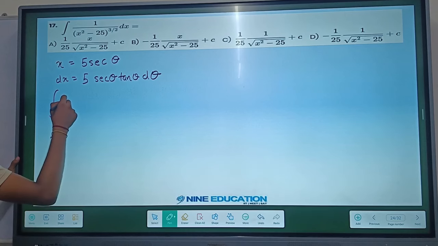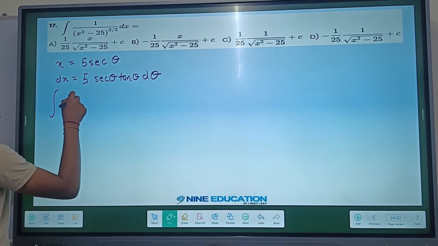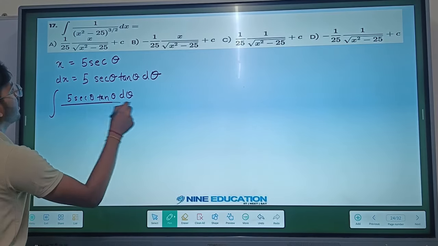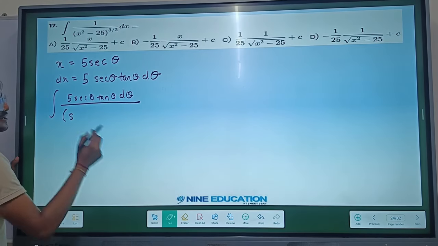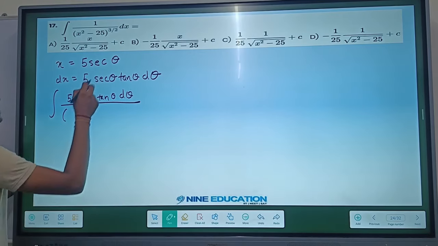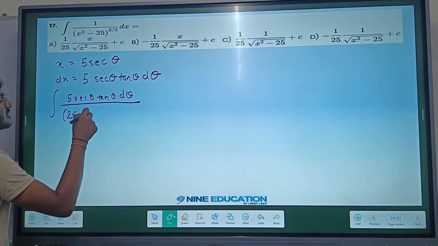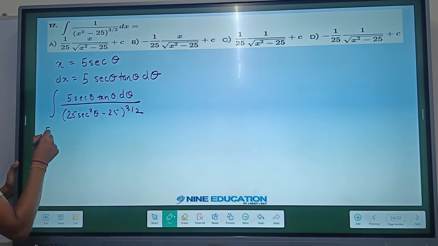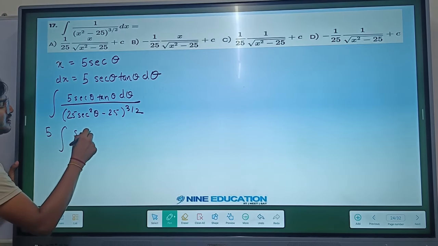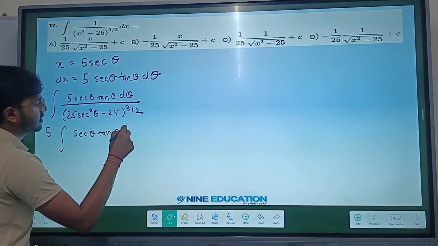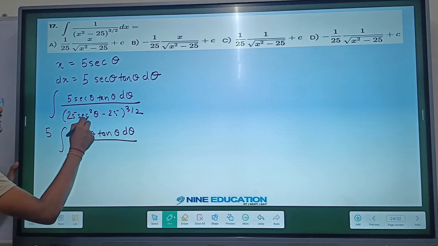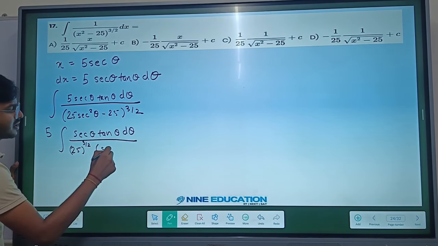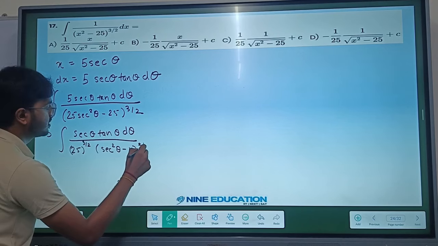So what will I get? Integration dx is 5 secant theta tan theta d theta divided by, this will be 5 secant theta whole square is 25 secant square theta minus 25 power 3 by 2. 5 constant comes outside, secant theta tan theta d theta divided by 25 also comes outside, 25 power 3 by 2 into secant square theta minus 1 power 3 by 2.